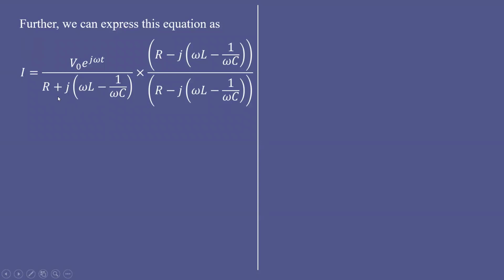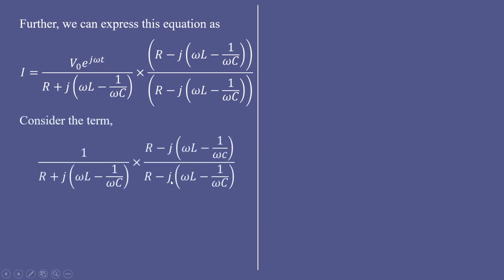But the simplification gives you a very important result now. In the denominator, it is of the form a plus b into a minus b. What is j here? j is the complex number, that is square root of minus 1. So a plus b into a minus b is equal to a square minus b square. Therefore the denominator becomes R square plus omega L minus 1 by omega C the whole square.